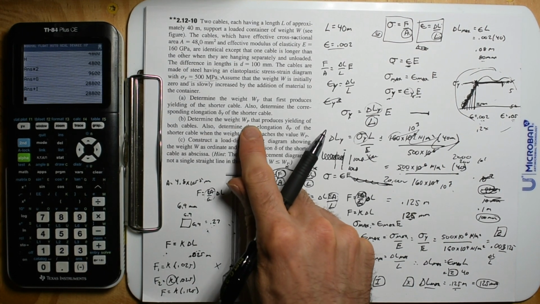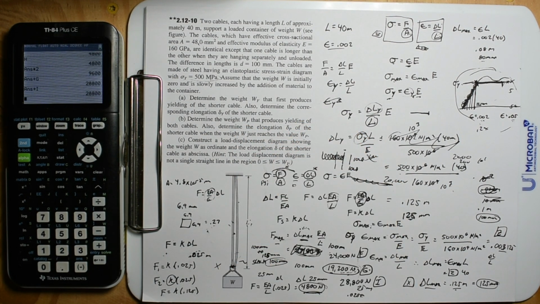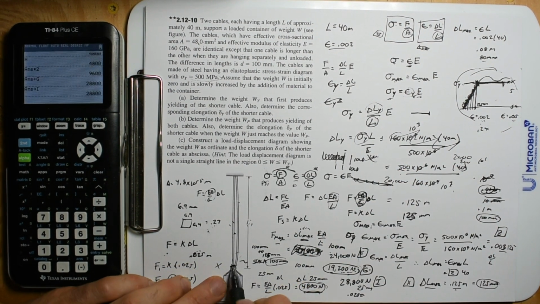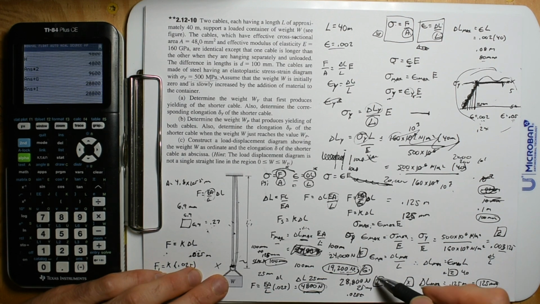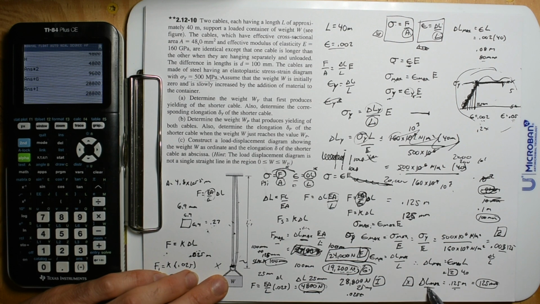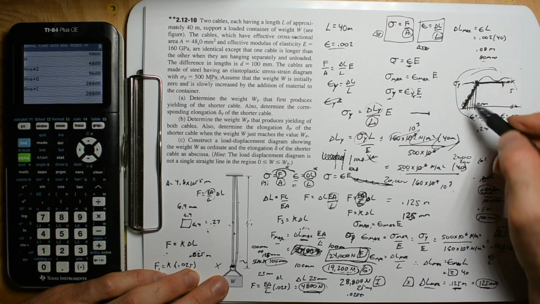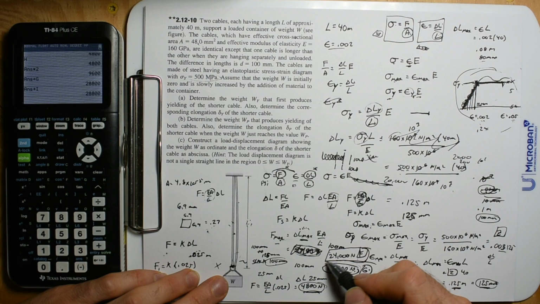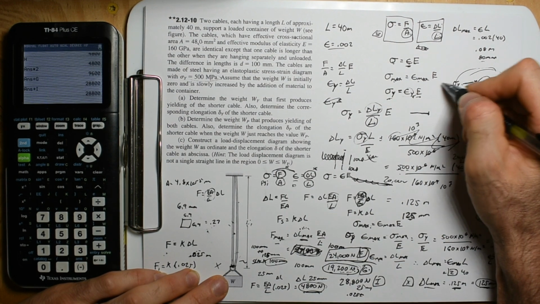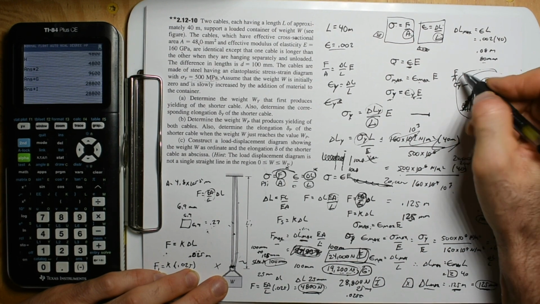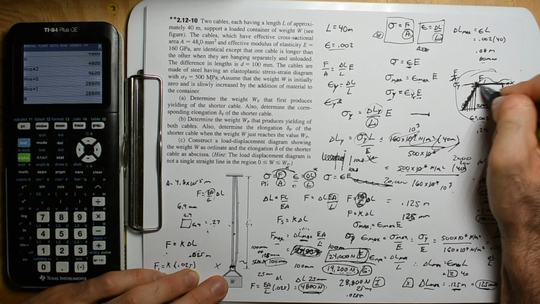And then the next problem says determine the weight P that produces yielding of both cables. Okay, so this is kind of fascinating, because once the first cable yields, we've already established that was this first one, F, that we did. And I'm glad we did that. We said the first cable, if there was just one cable, can stretch 125 millimeters. It'll act like a spring till it gets to that point and can take a force of 24,000 newtons. F over area is the stress, but the area is all the same.